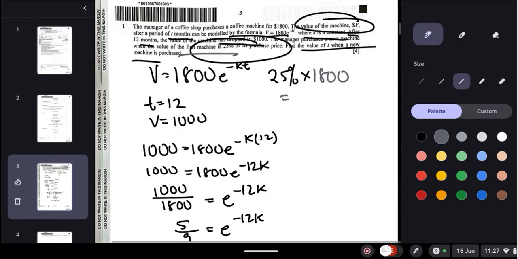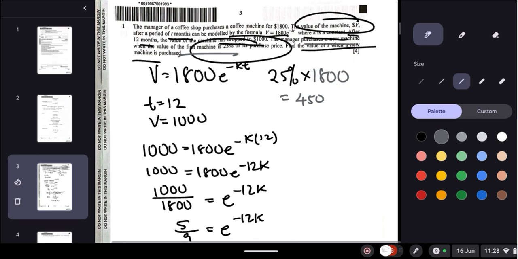So let's subtract that first. So 450. Now 450 is that value that dropped. Yes, correct. Value is 450.